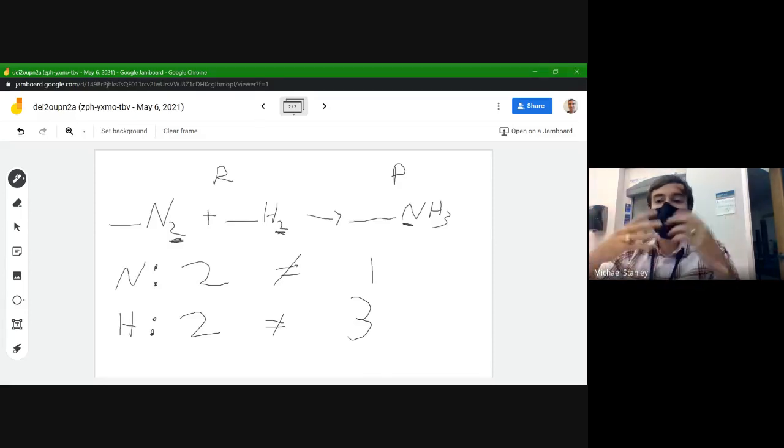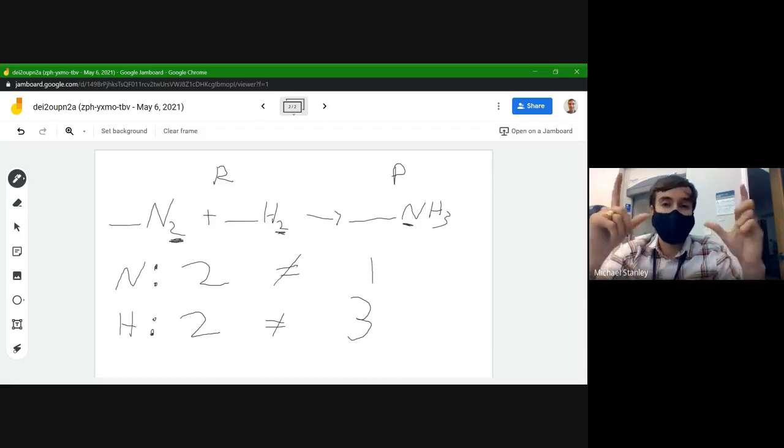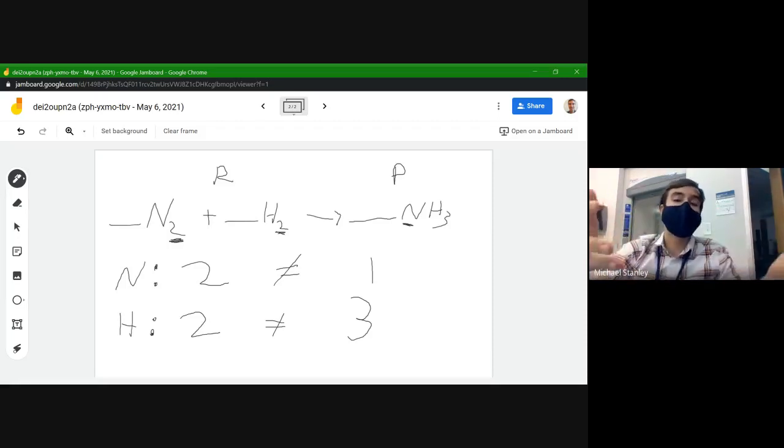So on the previous examples, it was clear where to start because one of them was balanced already and one of them was not. This one is a little less clear. So in cases like this, my recommendation is to start off with whichever atom is there in the smaller amounts, see if that's easy to figure out, and then work up from there.